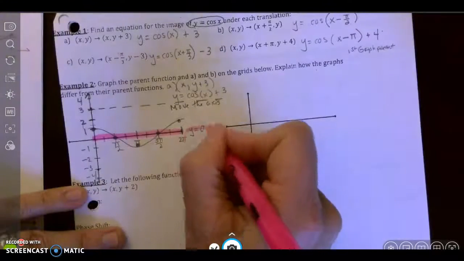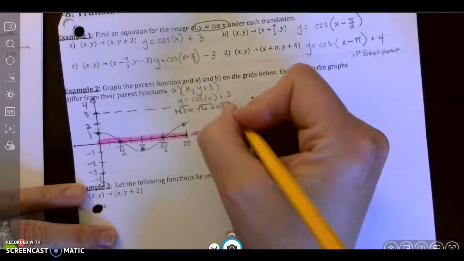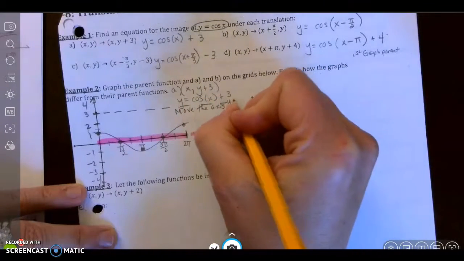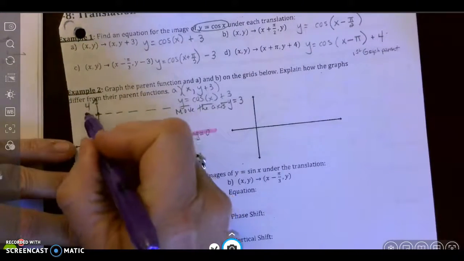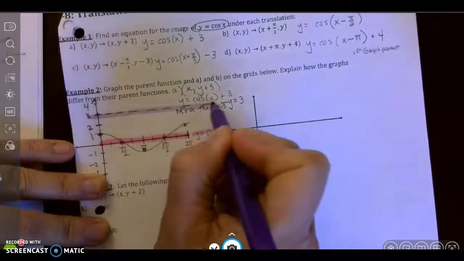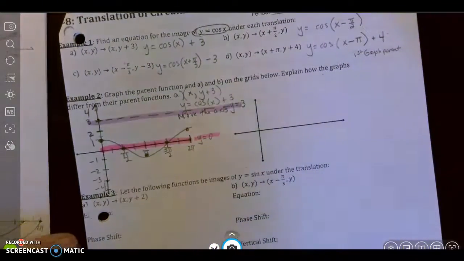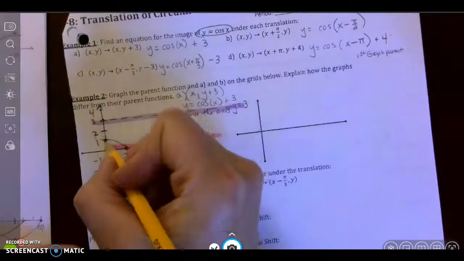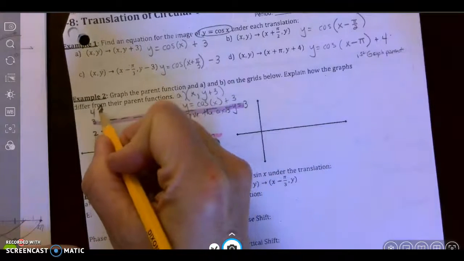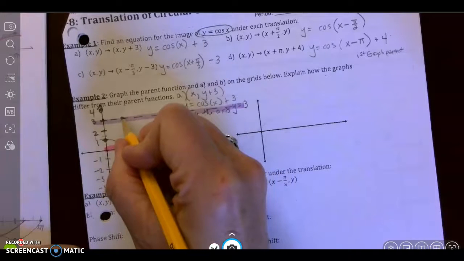So y equals 0 is my original. My new axis is y equals 3. And I'm going to do that in a different color. And then what I do is I simply move my points. Each of these points then gets moved up 3. 1, 2, 3. 1, 2, 3.